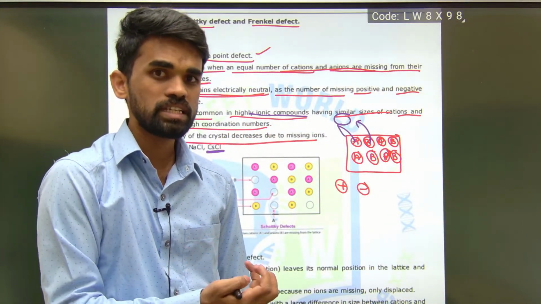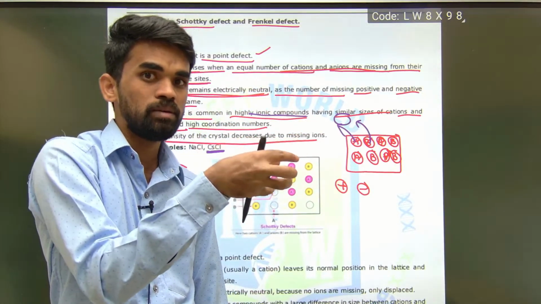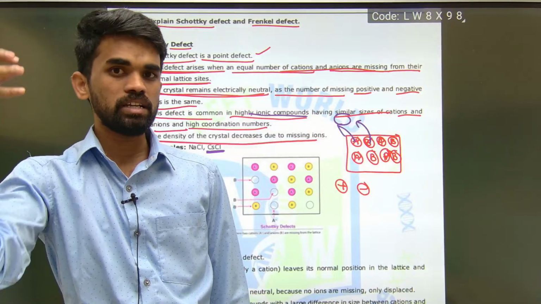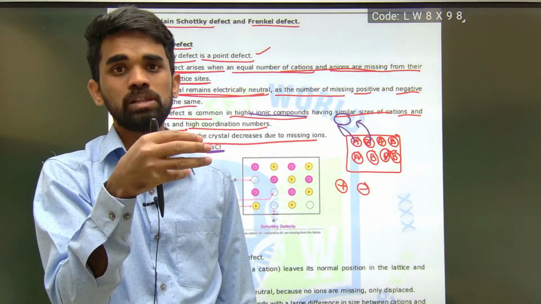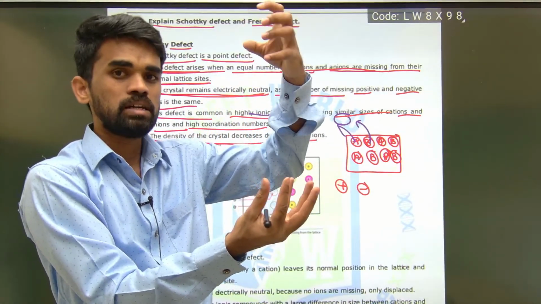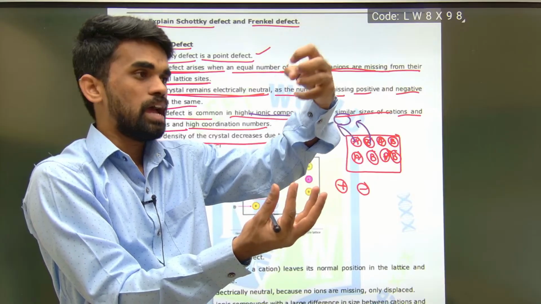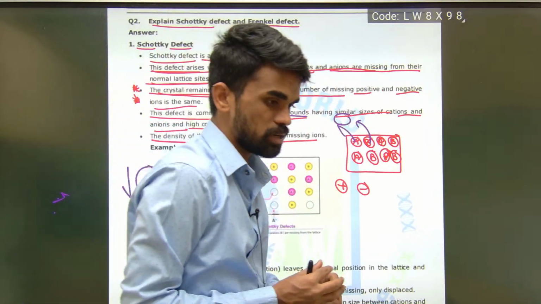Why does it decrease? Because the same number of cations and anions are completely missing out of that lattice. They are not present in the lattice now, they are coming out of it, and they are creating holes. The volume is the same but the mass, that is, the amount of substance or atoms, is reduced, so that's why density decreases. Just remember it in that way.